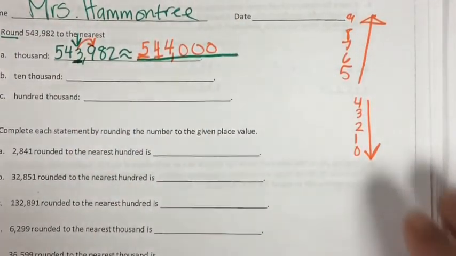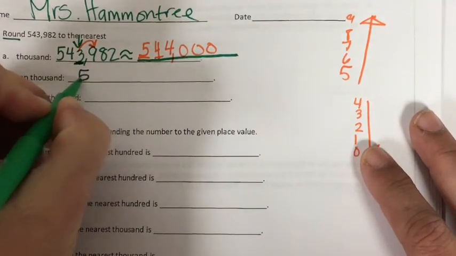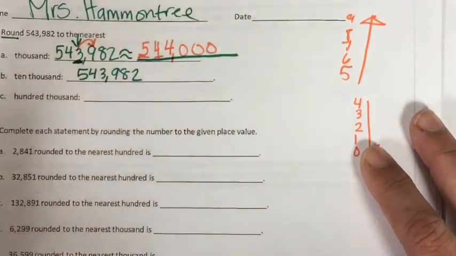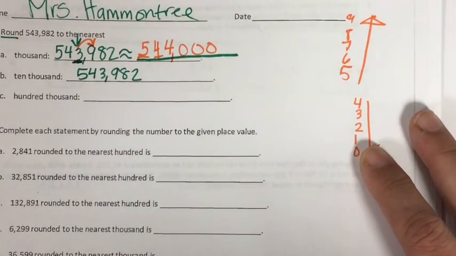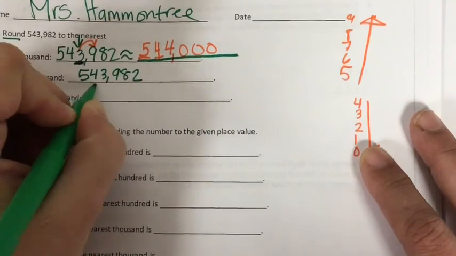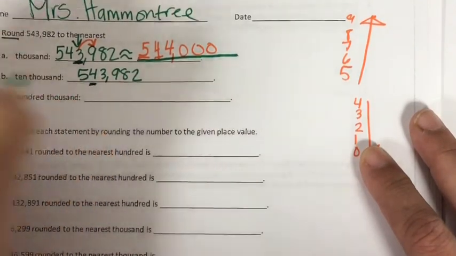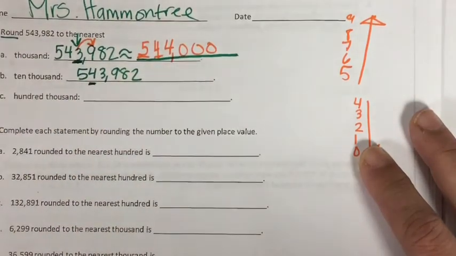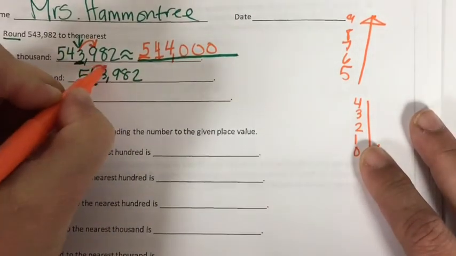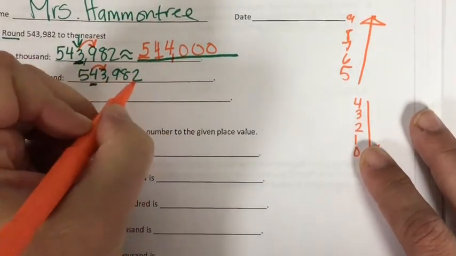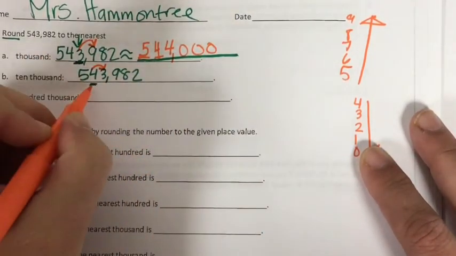All right. So go ahead and rewrite this number. Better put your commas in, or that gets people all frazzled. All right, 10,000. So right here, this 4 is in my 10,000s place. Well, I am going to look at the bossy neighbor. Okay, bossy neighbor is a 3. So now I know the fate of this 4.